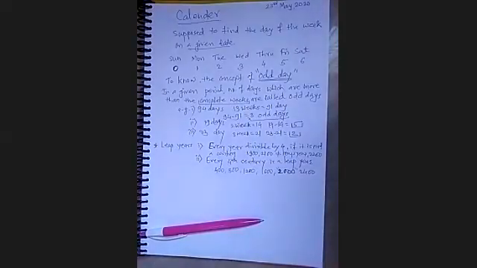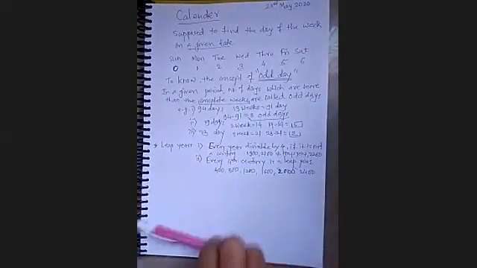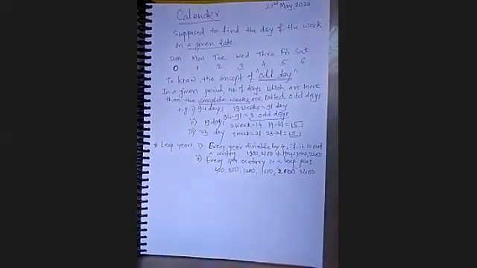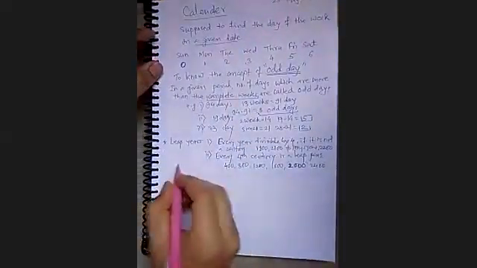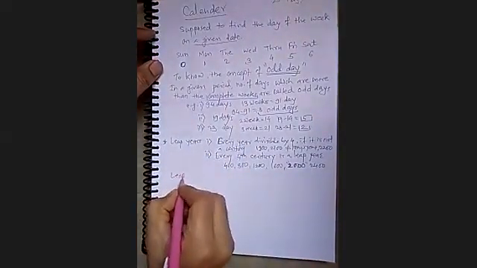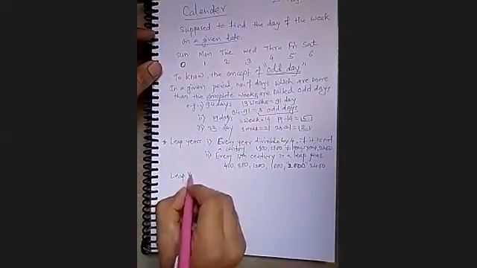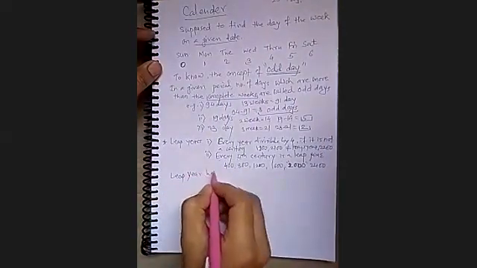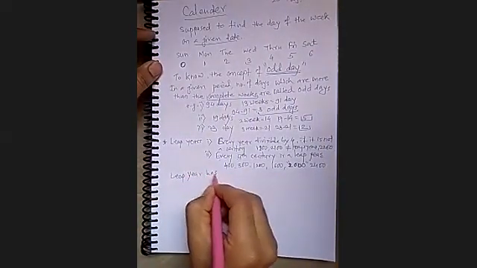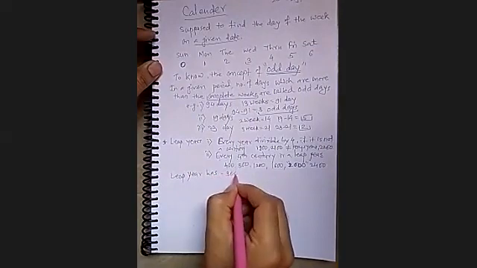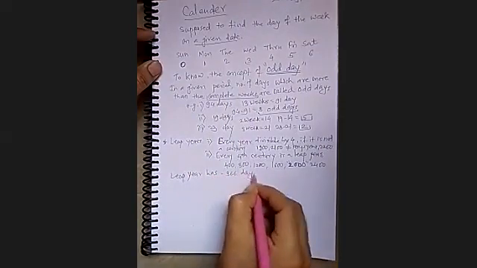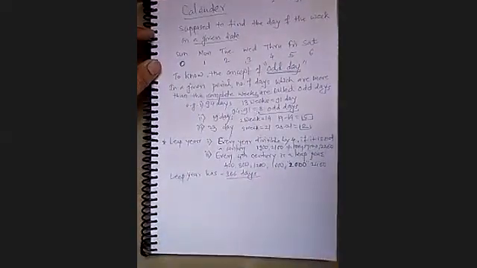Anyway, now the next one, how many days does a leap year have? So a leap year has 366 days. Fine. Always keep in mind.